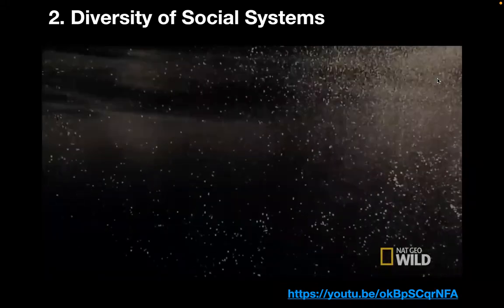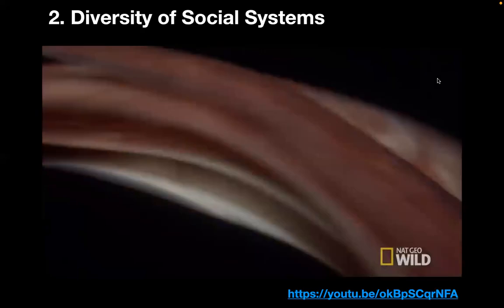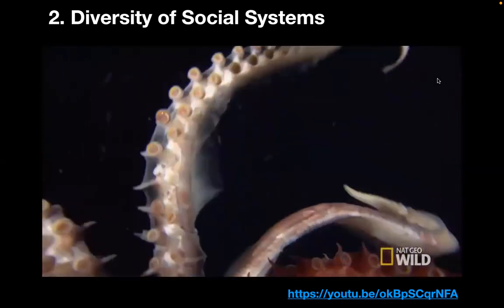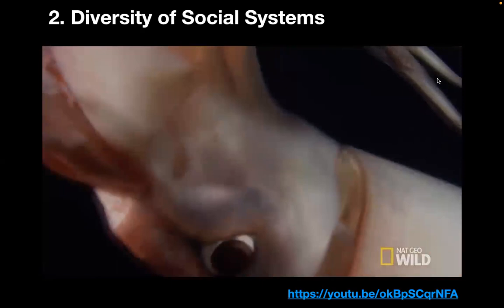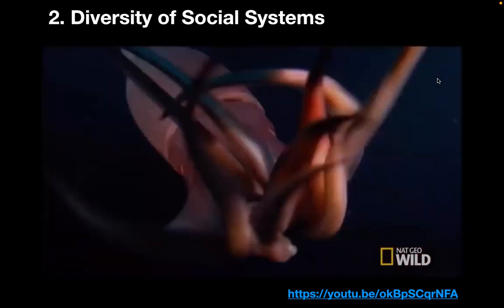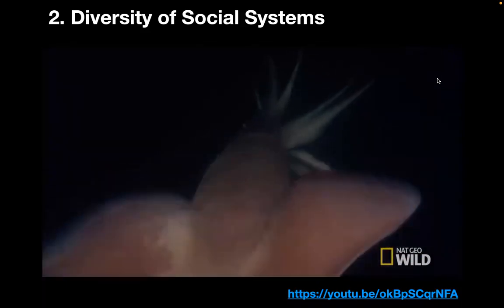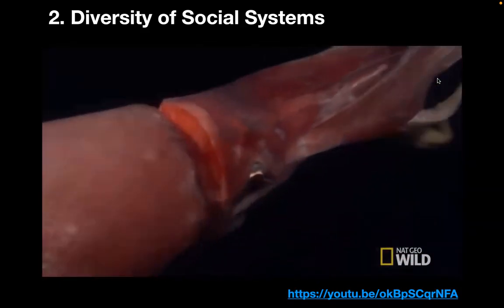When the sun goes down, it emerges from the deep. El Diablo Rojo, the Red Devil, also known as the Humboldt squid. Tonight, an army of them rises from the deep to hunt. Up to 1,000 strong, each one can grow as long as a person and weigh up to 100 pounds.